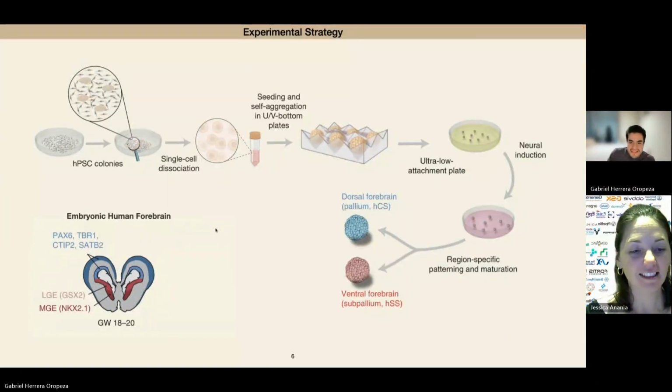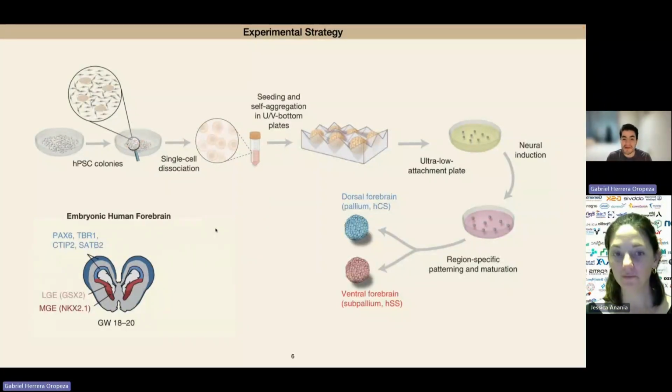So this is why we use organoids, and organoids also present an advantage over 2D cultures. For example, in organoids, we can recapitulate better the structure of a particular organ compared to 2D cultures. Also, the cellular composition is better in organoids. It's more similar to the endogenous composition in tissue.